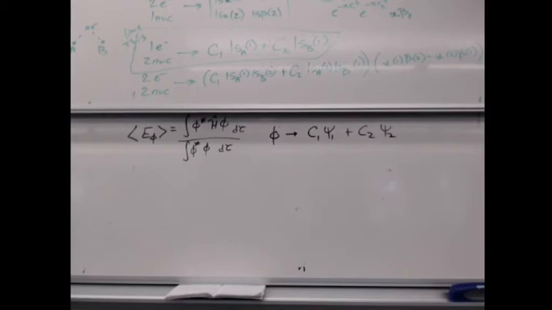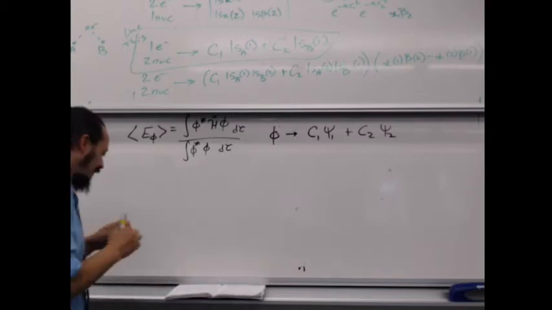And the question becomes, how does this lead us to something interesting? We're going to do the exact same thing we did before, but now we've got two parameters, so we're going to end up with two equations with two unknowns. And we're going to solve top and bottom.